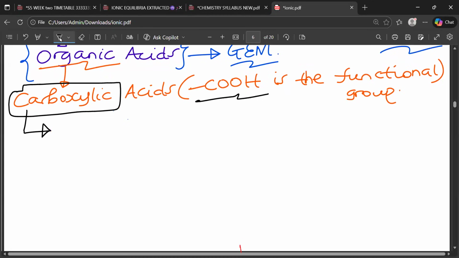I've given you a chance to use the internet, and because I know many of you have forgotten, you check the internet and see. What is that other name for carboxylic acids? As I draw my structures here.